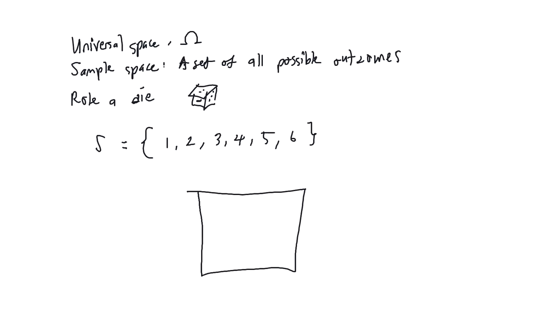So this is the sample space, or omega if you want to call it universal space. Possible outcomes: 1, 2, 3, 4, 5, 6.